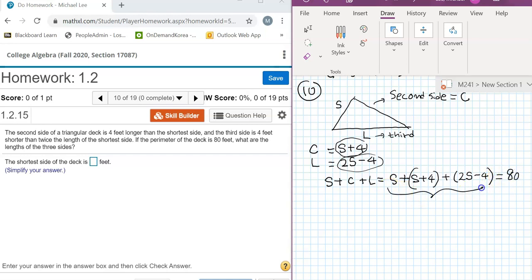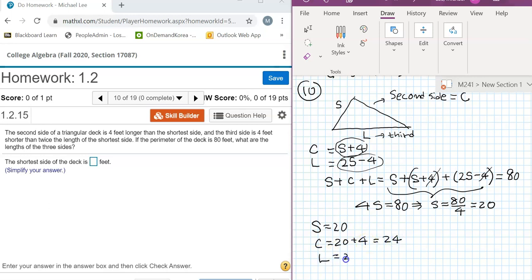So let me add all these. I get S and S and 2S, 4S, and the 4 and minus 4 cancel. So 4S equals 80, meaning S equals 80 divided by 4, which is 20. So S is 20. C is 20 plus 4, which is 24.